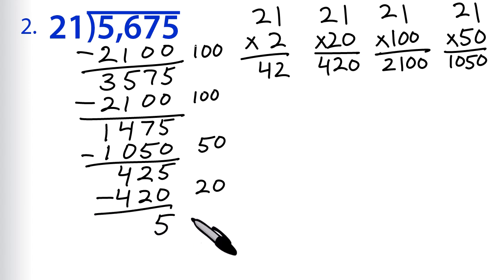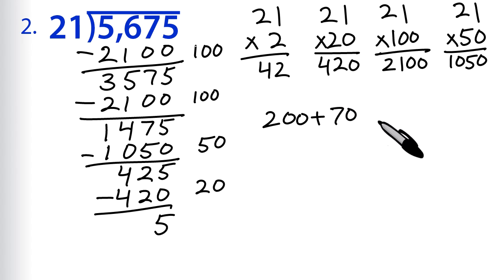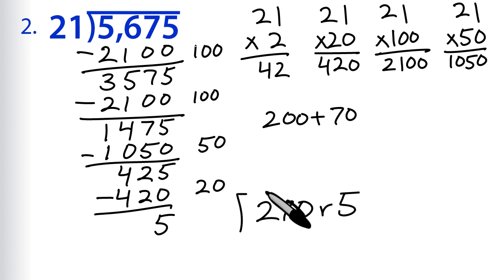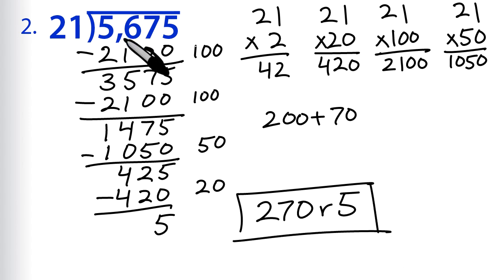And so we're done, because 5 is too small to be divided up anymore. So 5 is our remainder. So we'll add these up. We have 100 plus 100 is 200, plus 50 plus 20 is 70, so 270, with a remainder of 5. That is what you get when you have 5,675 divided by 21.